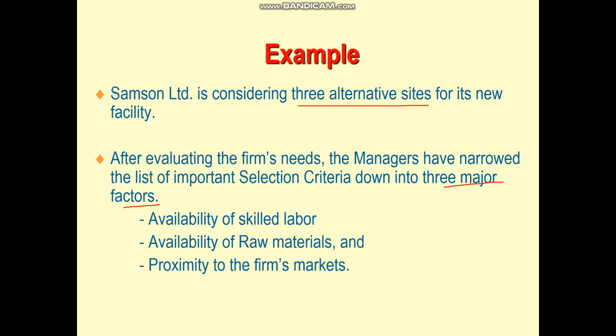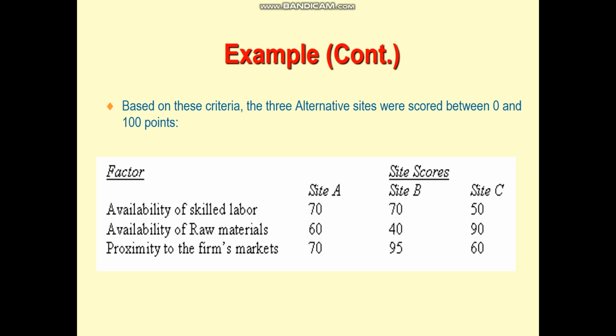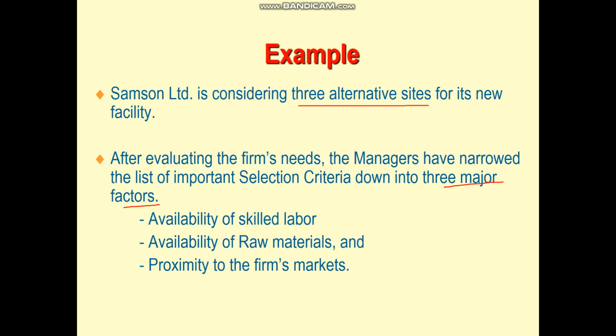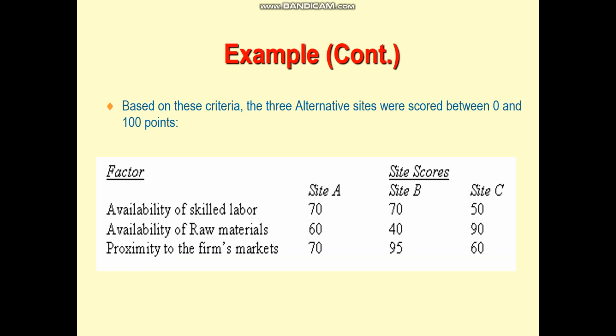And the last one is proximity to the firm's market. Then we have already gone through the first step, where we determine what factors we want to consider. Then the second step, we give scores for the 3 alternative sites: site A, site B, and site C.